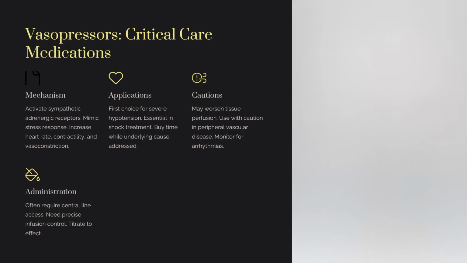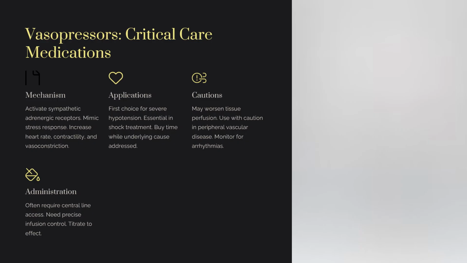So vasopressors are critical care medications that are activating our sympathetic nervous system, which is just mimicking that fight or flight response. Okay. So think about everything that you're doing when you are in attack mode, when you are anxious, this is being activated, okay?